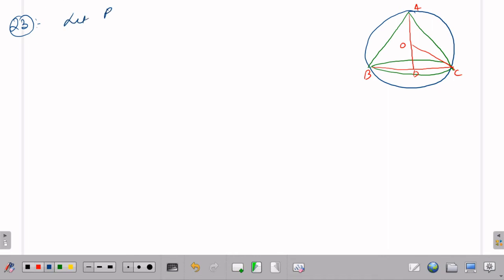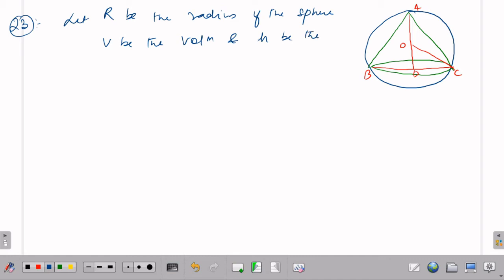Let R be the radius of the sphere, V be the volume, H be the height, and small r be the radius of the cone.